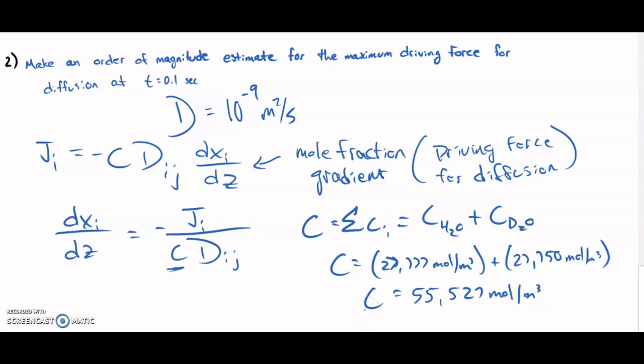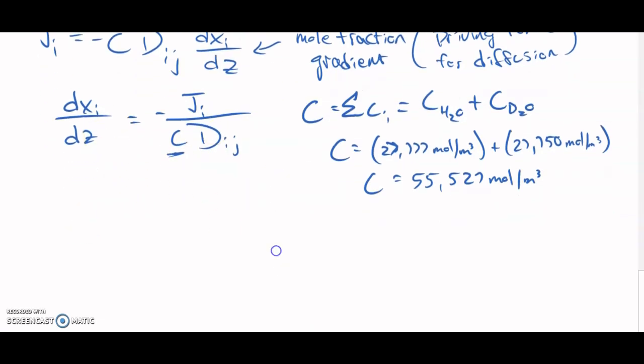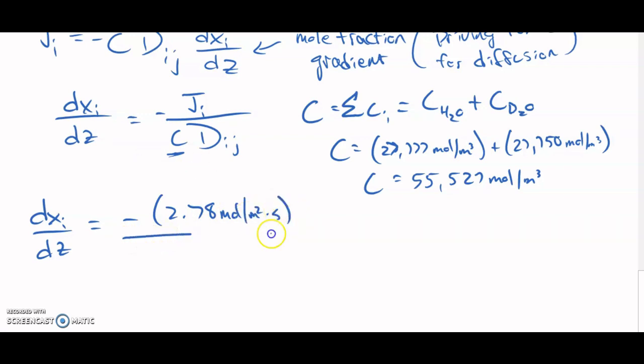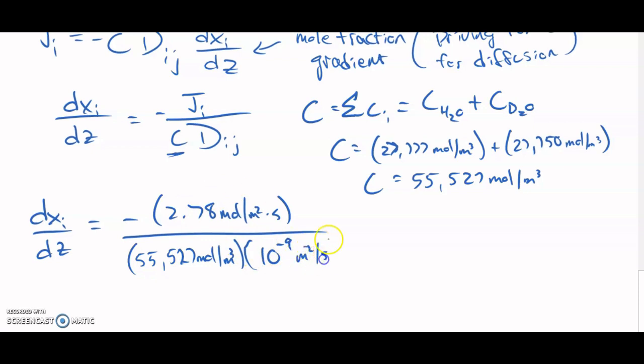So then we can just plug all of our values into our driving force equation here. Our mole fraction gradient, or our driving force, is equal to the negative of our molar diffusion flux, 2.78 moles per meter squared times second, over our total concentration, which is 55,527 moles per meter cubed, times our diffusion coefficient, which is 10 to the negative 9th meters squared per second.